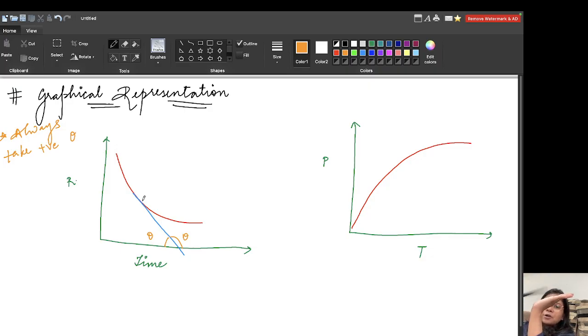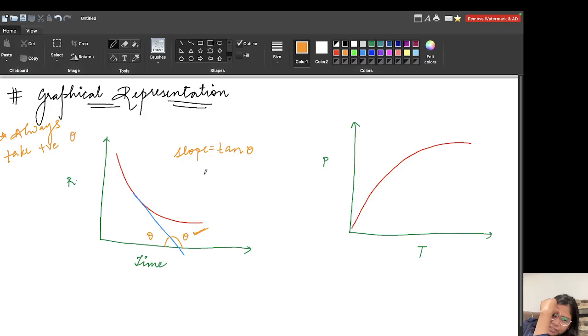The upper part of the hand will be positive, and the lower part of the hand will be negative. Whatever angle the upper part is forming, that one will be positive. So you'll be taking this theta, and your slope will be equal to tan theta.